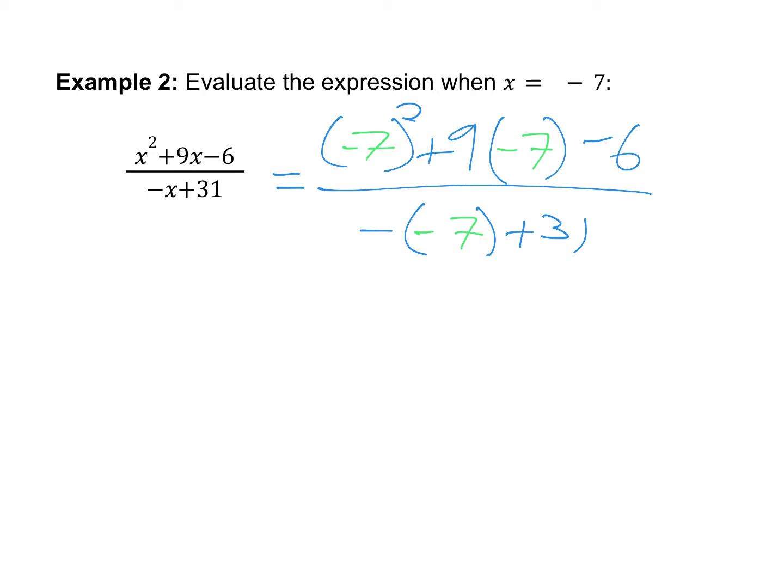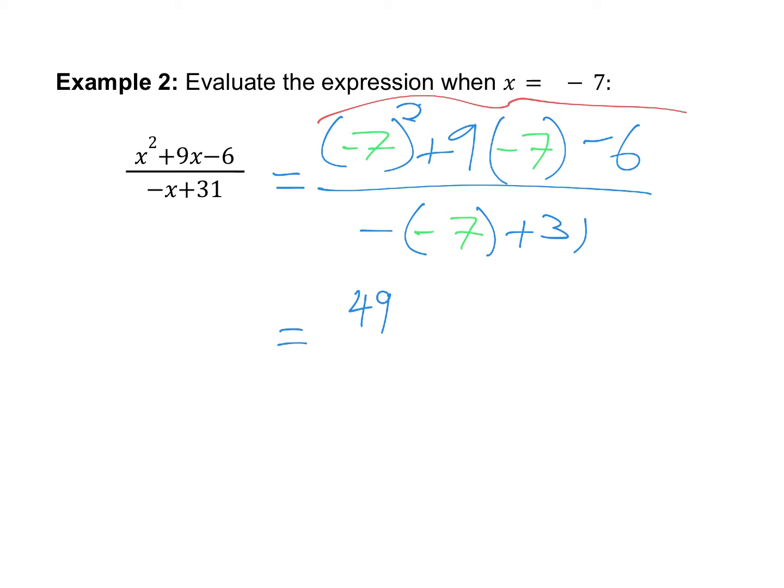Now, I would like to work horizontally, but I don't have space, so I'm going to work vertically, but I'm still going to focus on doing the top first, and then I'll do the bottom. On the top, I start with exponents first. -7 squared is +49. Make sure on your calculator that the negative is inside the parentheses and the squared is outside the parentheses.